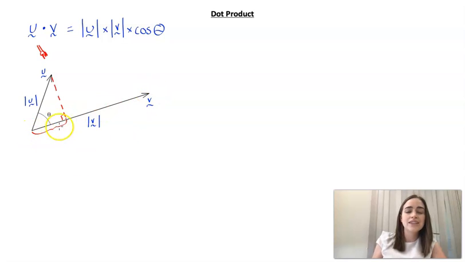So to find this length, if we look at that right angled triangle and do trigonometry, so SOHCAHTOA, then we've got that's our adjacent and our hypotenuse. So we've got cos, so we're going to have the hypotenuse, our magnitude of u, times cos theta as this length.